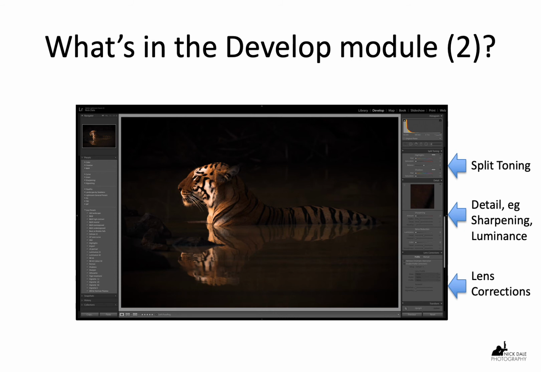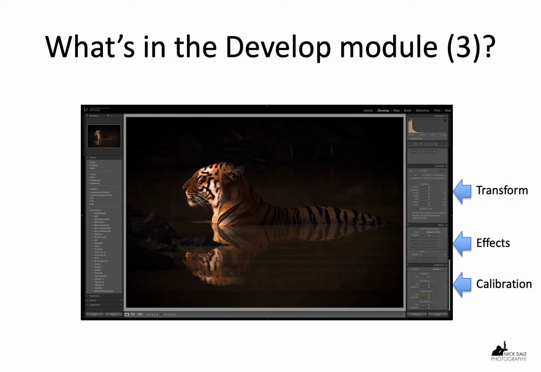A bit like a trampoline. If you pull a trampoline at all four corners, the four corners move out, but then the sides come in. And that's what happens to some images sometimes with certain lenses. So profile correction you can do automatically, but you can also do it on a manual basis if it doesn't work, and you can fiddle around with the sliders to make it look as you wish.